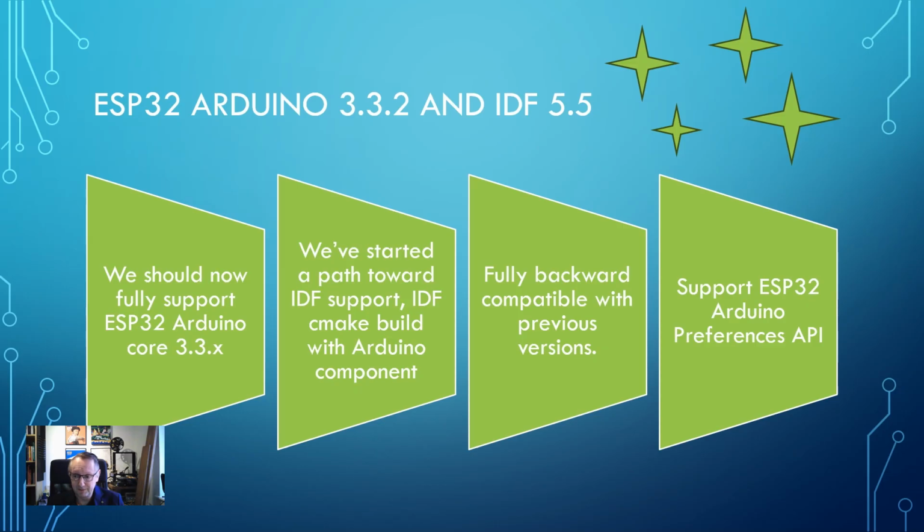It'll be in one of the updates. But it's fully backward compatible as well. So if you're still on an older version of ESP IDF, it should continue to work absolutely fine. And lastly, we've also added the Preferences API, which has been a really long requested feature. I'm sorry it took so long to get it in there.